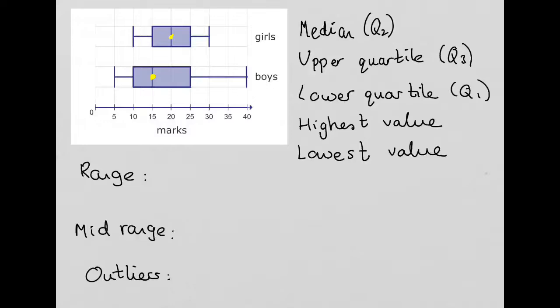It's not always in the centre, it's somewhere in the box. The upper quartile, also called Q3, is the end of the box. So that is Q3, there and there. The lower quartile, Q1, is here and here.